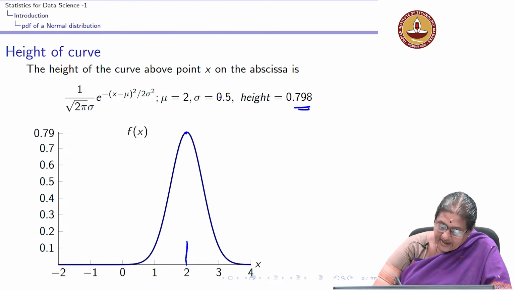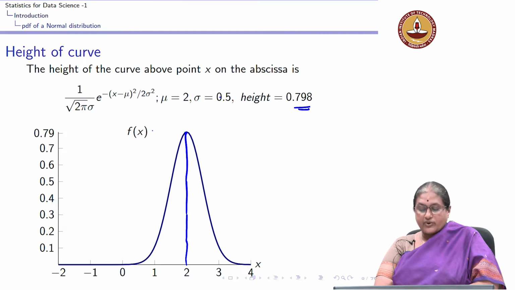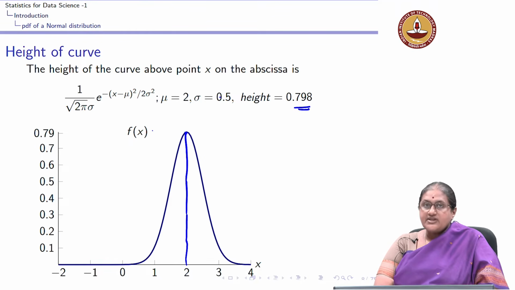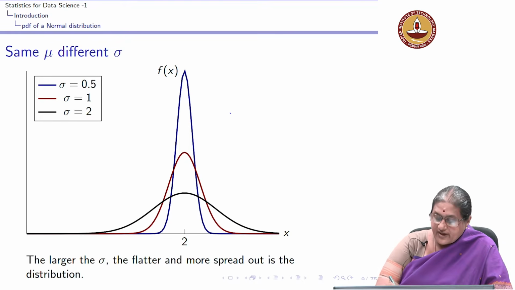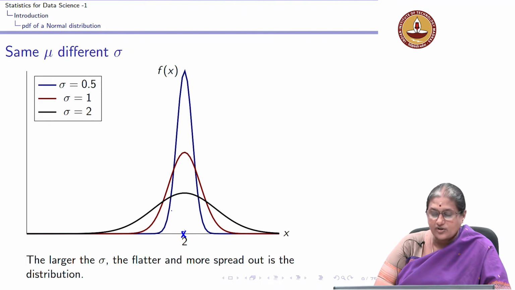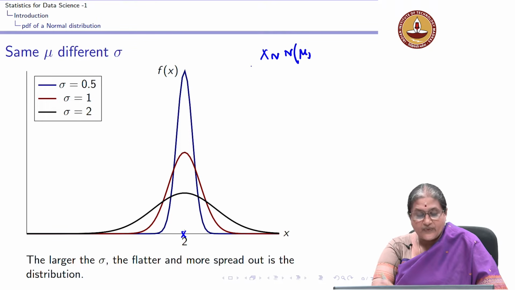Again, the height is the maximum at x equal to mu, and it is about 0.798. So, in other words, what we observe is for the same mu, here I have plotted 3 normal distributions. The first one, the blue, is a normal with mu equal to 2 and sigma equal to 0.5.